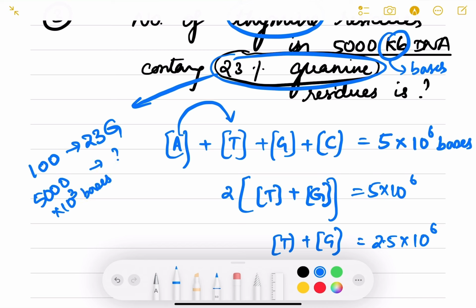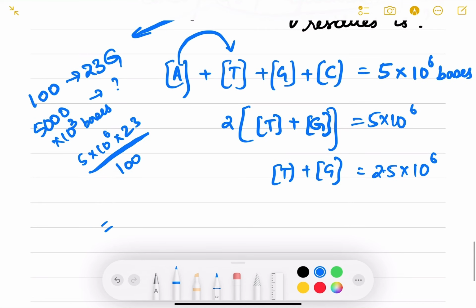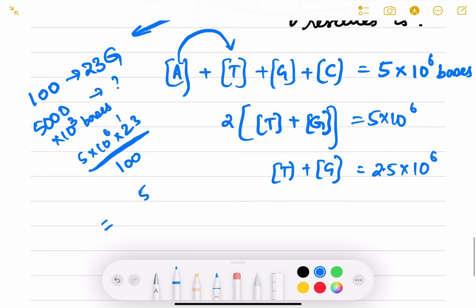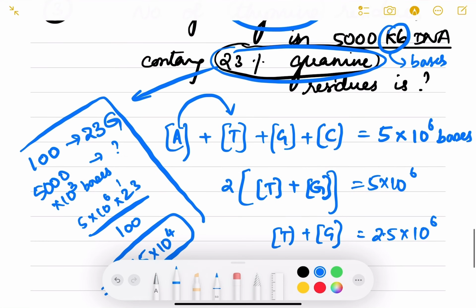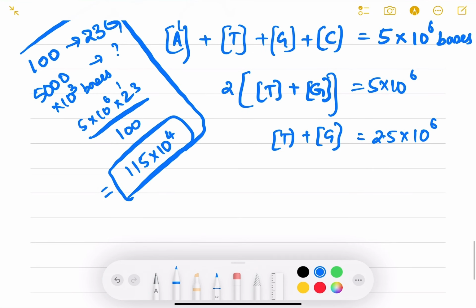It would be 5 into 10 power 6 multiplied by 23 divided by 100, which is equal to 115 multiplied by 10 power 4. Basically you're converting the percentage to a number. This is the tricky part.